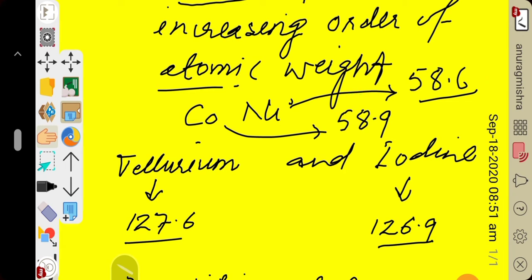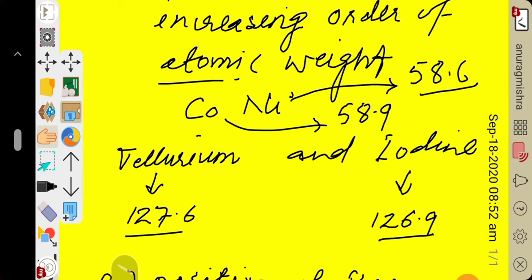So an element having less atomic weight must have an early position compared to an element having high atomic weight, but it was not like that. Example of anomalous pair I have given you all: cobalt and nickel. Nickel's mass is 58.6, which is less compared to cobalt's 58.9. Still the position of nickel was later than cobalt, so it was a drawback.